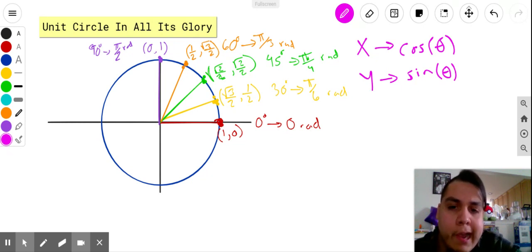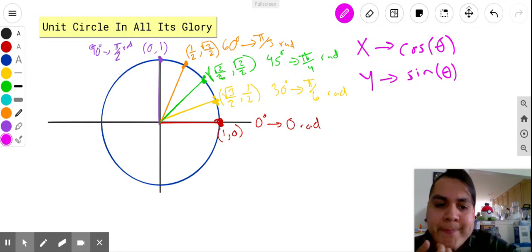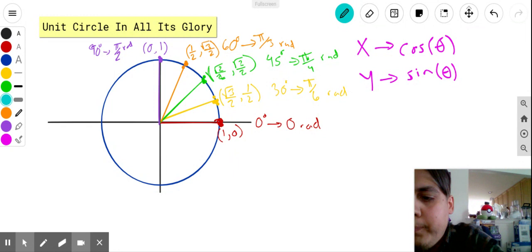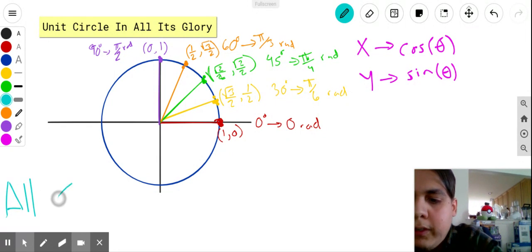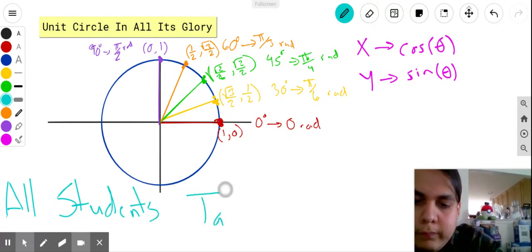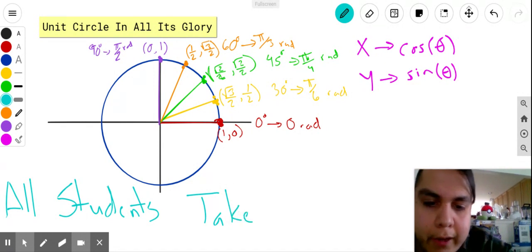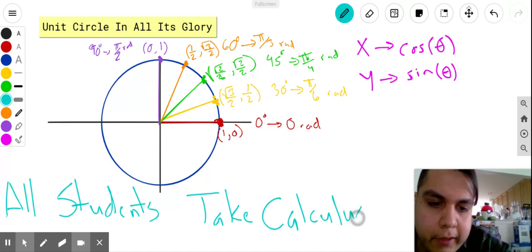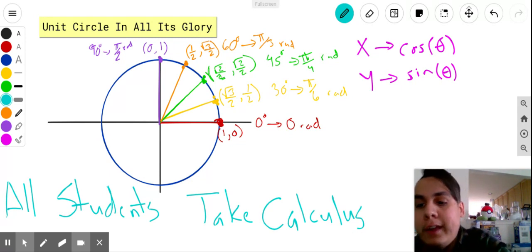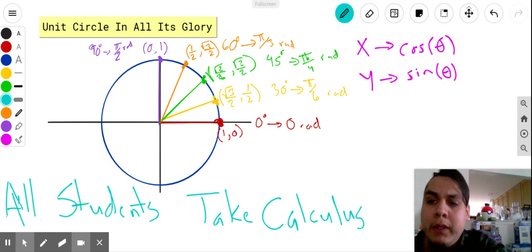So when I was in school, my teacher taught me this phrase: all students take calculus. Now, I will admit that not all of us took calculus, but most of us did. So let's talk about why that phrase is important, or what it's meant for.